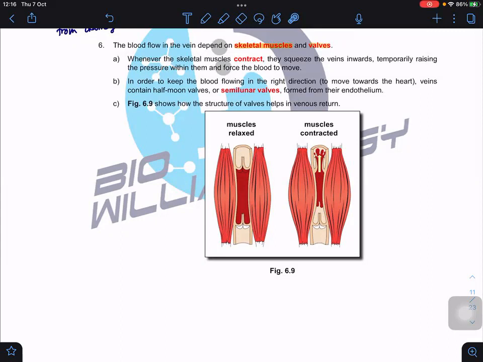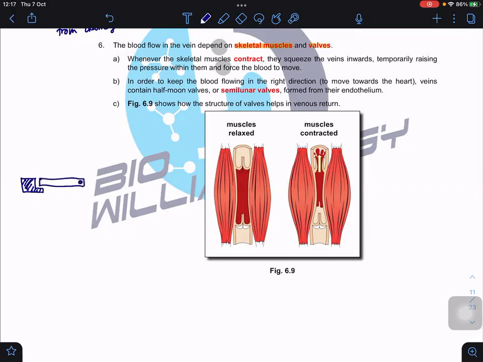Are you clear? Therefore, you won't have backflow of the blood. This is how the blood flow takes place inside our vein. So this is something like a door. You can imagine that. If you have something like this, this is the pillow, and I have a door.